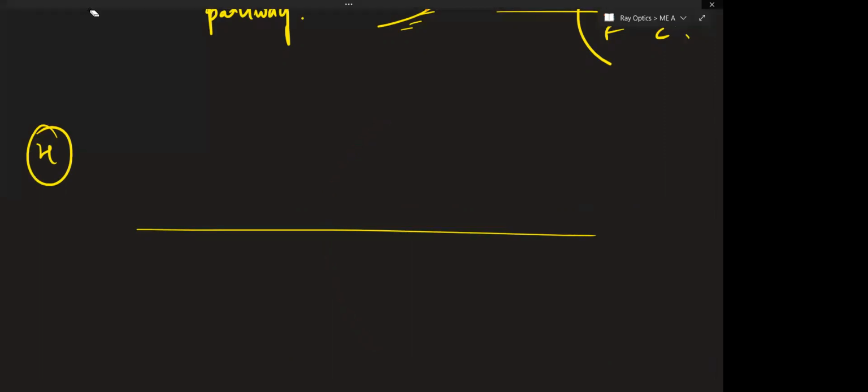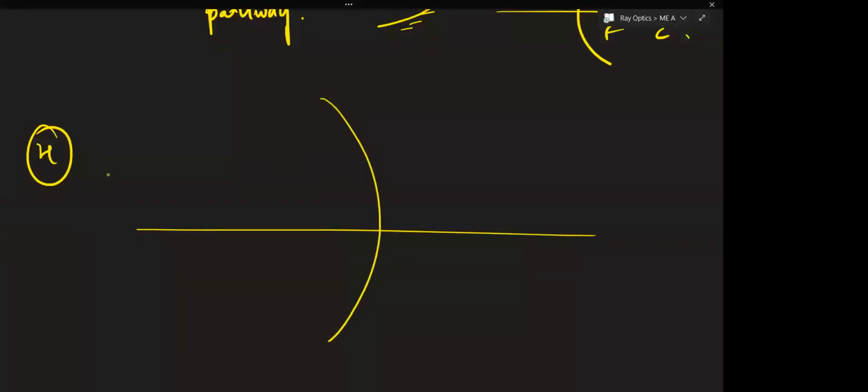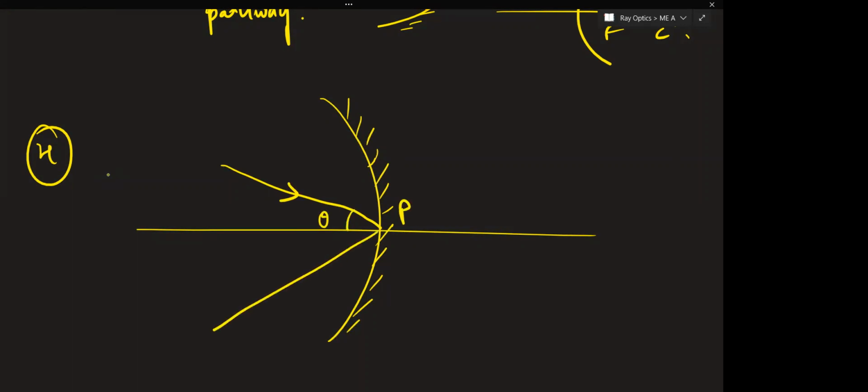Let me draw the concave mirror. Again, I'm repeating, this is showing you the silver polishing. Now what will happen? A ray of light is incident at the pole at a certain angle, theta. It will follow laws of reflection, which means this will also be theta and it will get reflected like this.